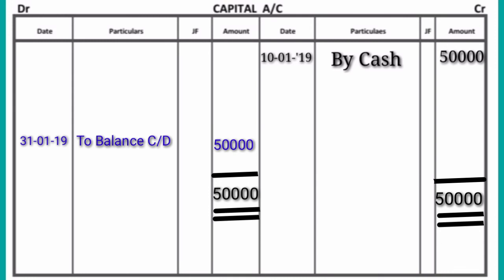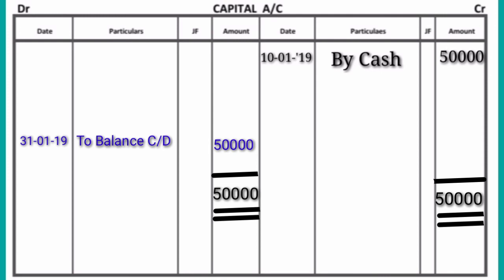Okay, so 31st January 2019 to balance carried down 50,000 means on 31st January 2019 the closing balance of capital account is 50,000. Okay, and this closing balance will be the opening balance of the next month, right? That means yesterday's closing balance will be today's opening balance. So 31st January 2019 closing balance is 50,000.